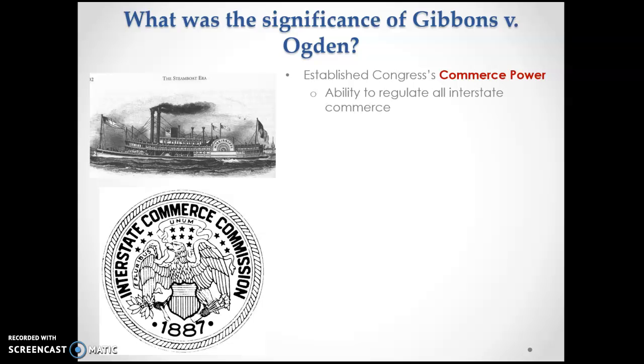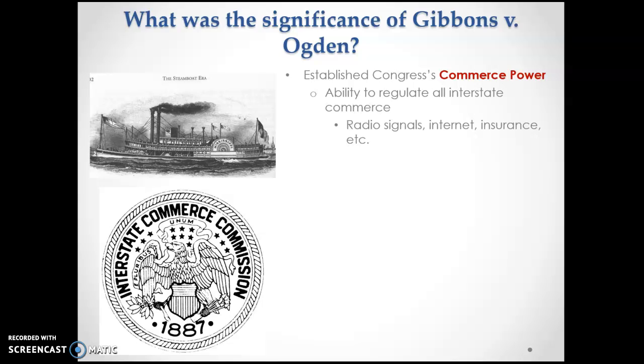That clean water and clean air and lead paint standards and all the different children's toy regulations and all of that stuff is pretty critical to the national economy, and so Congress can regulate it. And so the commerce power has been an enormous expansion of the federal government's powers, right?